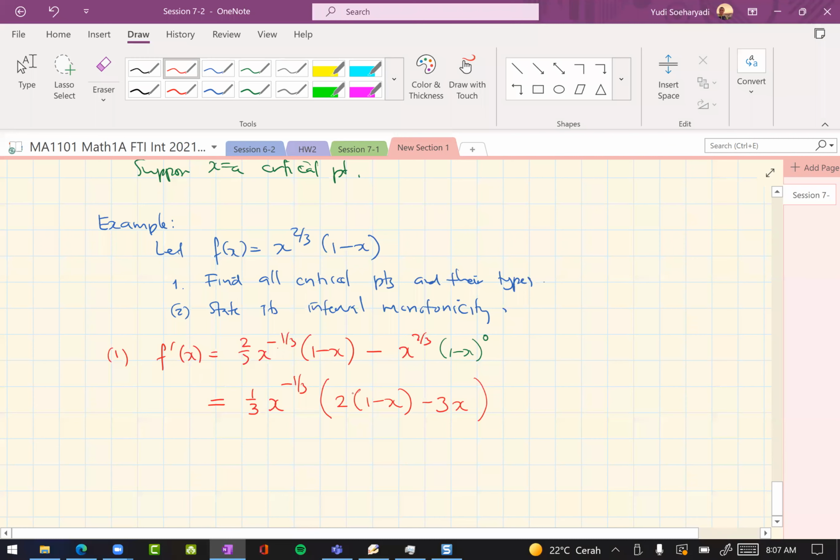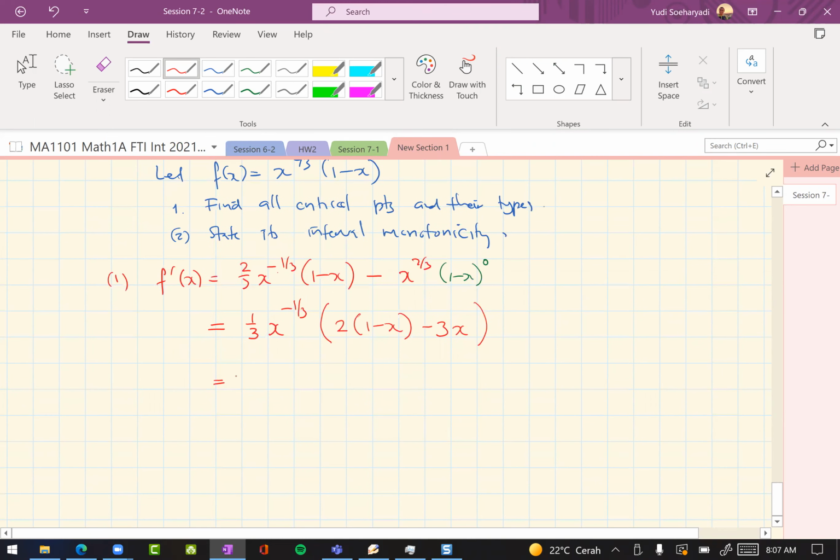So you get these two things, and if you simplify, this gives you 2 minus 5x.